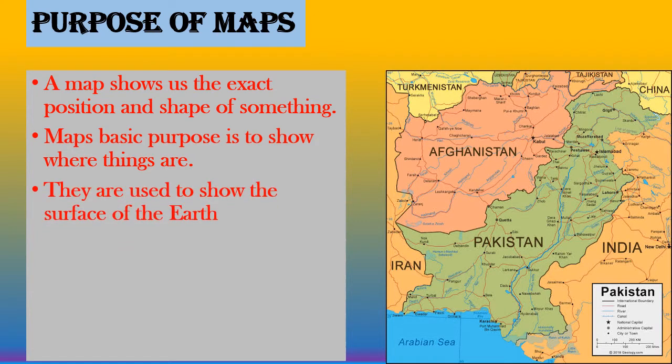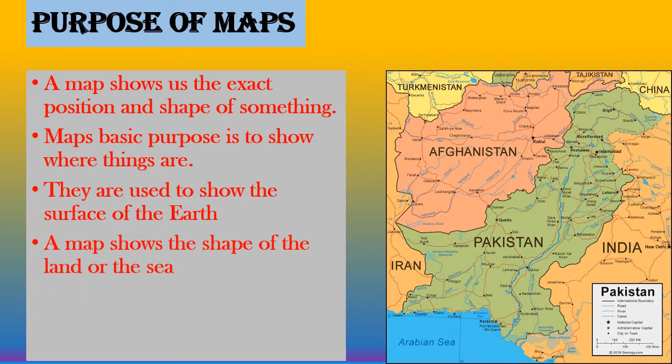They are used to show the surface of the earth. As you can see in this picture, this is the map of Pakistan. This map will show you where different cities are located, where different landforms are located, like rivers, sea, desert, mountains, in this country.